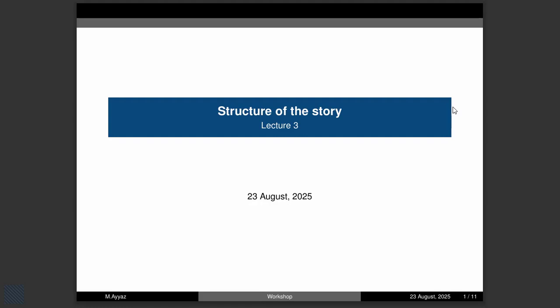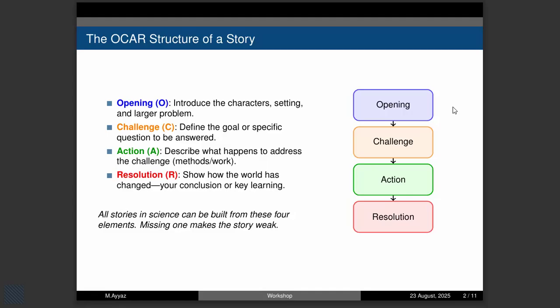Now we will see the more important elements that give a story a more pronounced and more organized structure. So we know that everything has a beginning and an end.